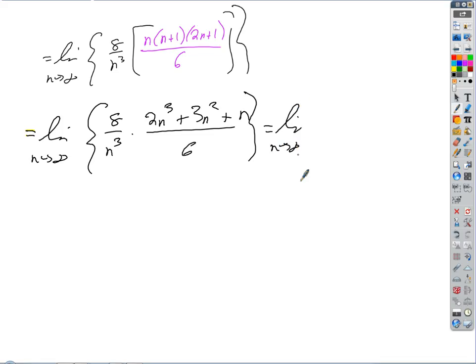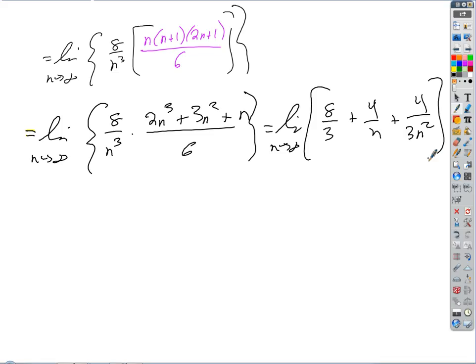Which is going to give me, if I distribute the 8 over n cubed to each term, 8/3 times n cubed over n cubed, which is just 8/3, plus 4 over n, because here I'm going to get an n squared over an n cubed, plus 4 over 3n squared.